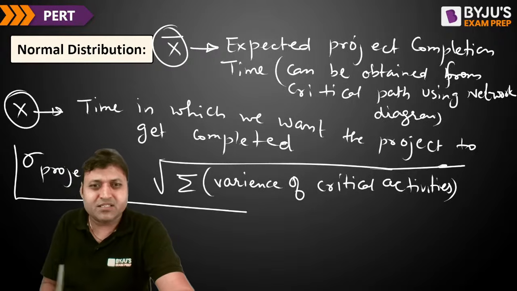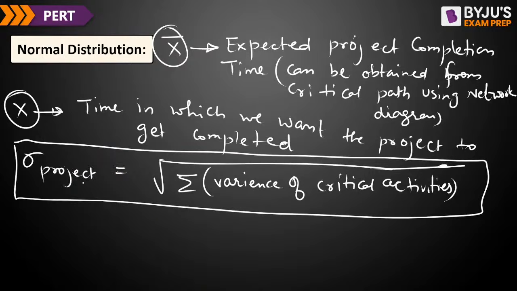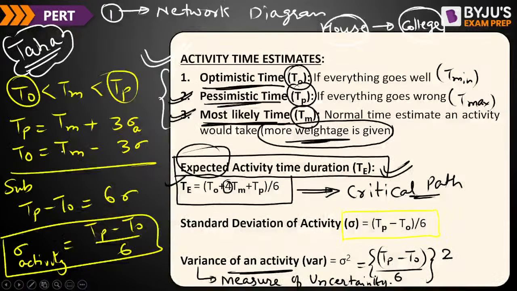So this is how we can find sigma for the project. Sigma for the project is also called the standard deviation of the project. There is a difference between the standard deviation of an activity and the standard deviation of the project. This sigma represents uncertainty of project completion, whereas the sigma of an activity represents uncertainty in activity completion.